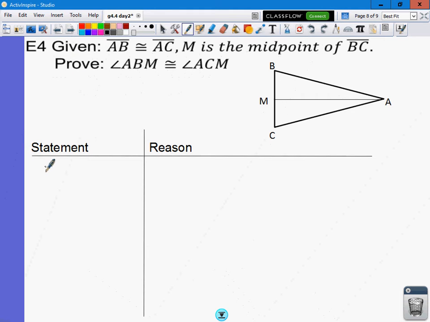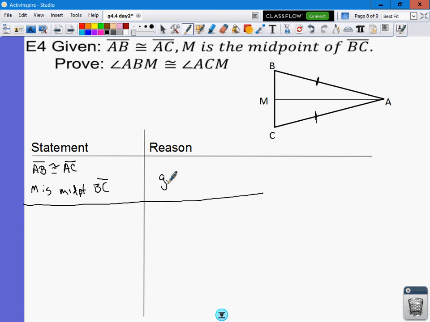Example 4 then. Segment AB congruent to segment AC. I'm going to mark those. M is a midpoint. That's one that we haven't dealt with yet, but we should know what it means. If M is a midpoint of BC, I know that I want to use its definition over here.